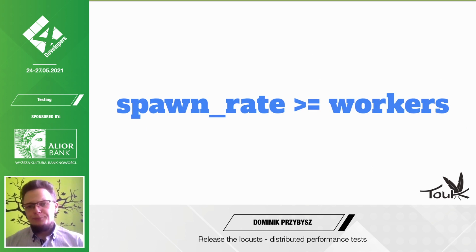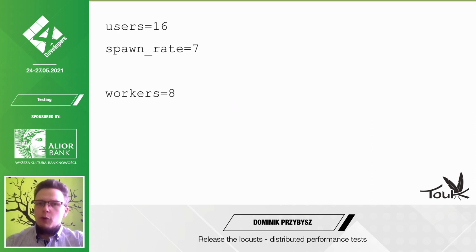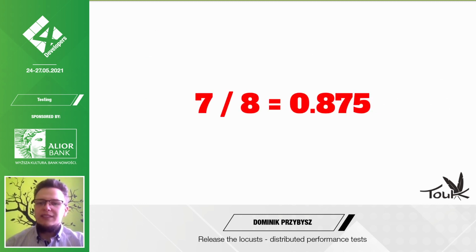Another piece of advice: our spawn rate should be bigger than or equal to the number of users. Number of workers. For example, we want to generate 16 users with spawn rate 7 on 8 workers. If you calculate the spawn rate for each worker, you will get a number below 1.